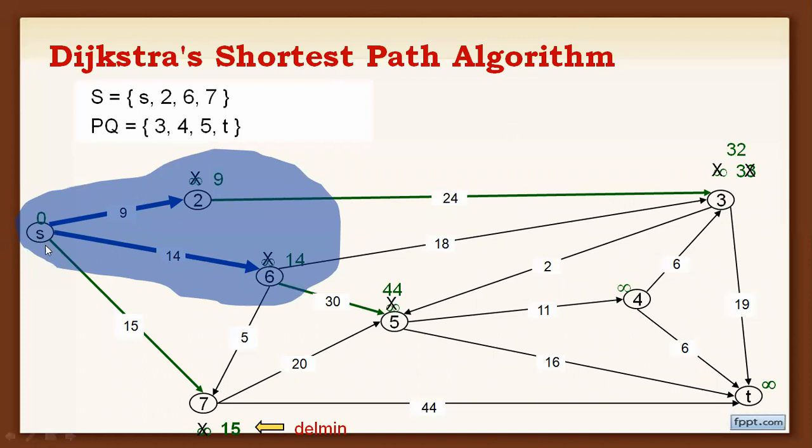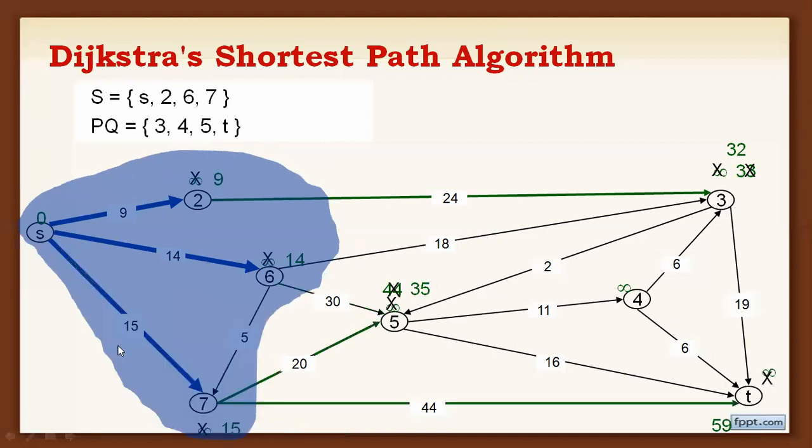Next, we can select this path from S to 7. 15 is the minimum cost. So the first stage is over. Here, the visited vertices are S, vertex 2, vertex 6, and vertex 7.